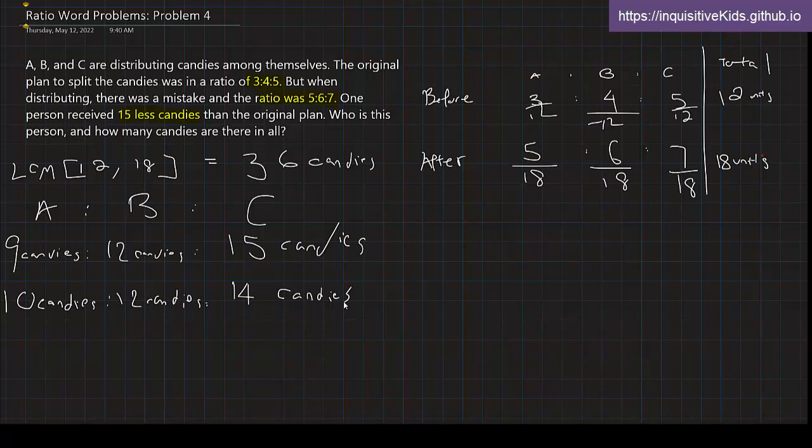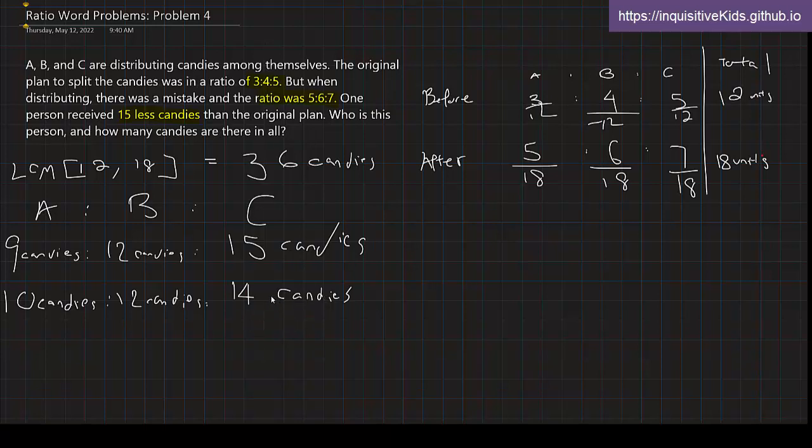So in this ratio right here, we have the same size unit by assuming that there were 36 candies in total. And we learned that B was the person that never changed, and C was the person who got less.